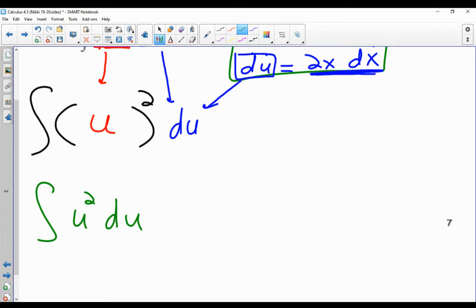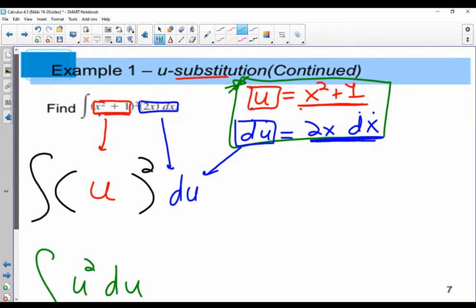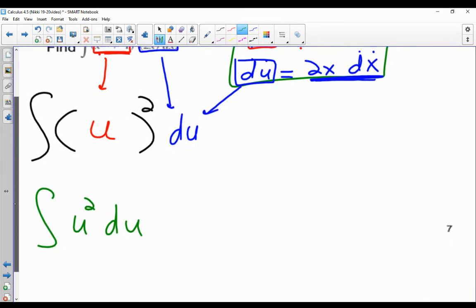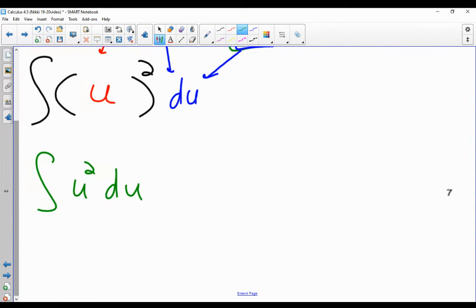Now, as you have just seen, the variables have changed. We started with x, and by doing this, we have now replaced the variable with u. It may seem confusing at first, but now that it's rewritten like this, it is much easier to integrate, because you students definitely know how to integrate a variable squared.